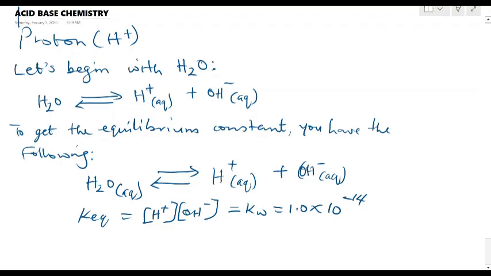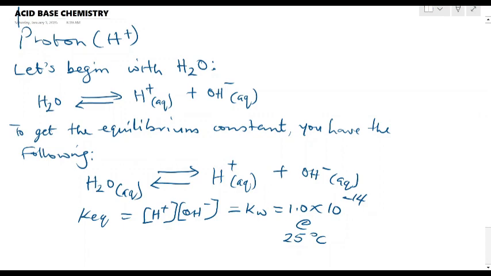at 25 degrees Celsius. So that's basically the equilibrium reaction of water.